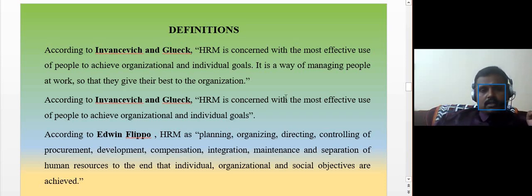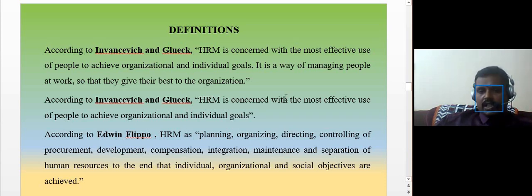And the third definition, according to Edwin Flippo: human resource management is planning, organizing, directing, controlling of procurement, developing, compensation, integration, maintenance, and the separation of human resources to the end that individual, organizational, and social objectives are achieved.